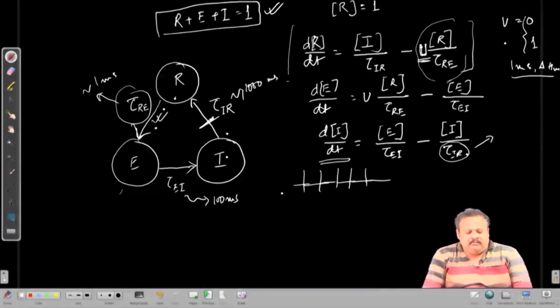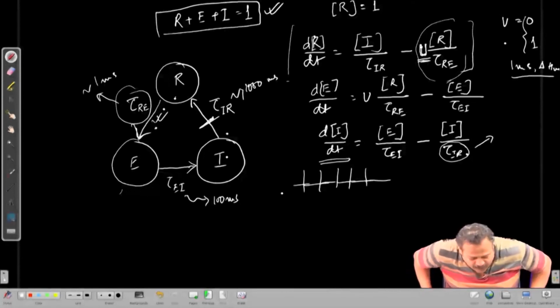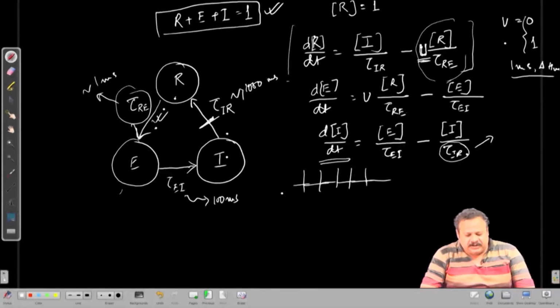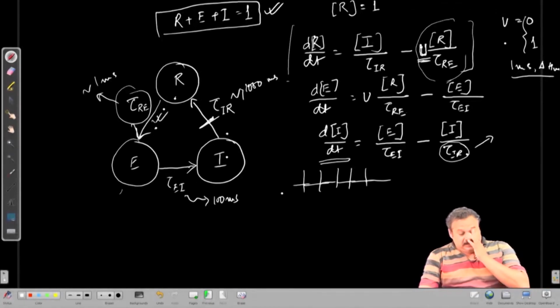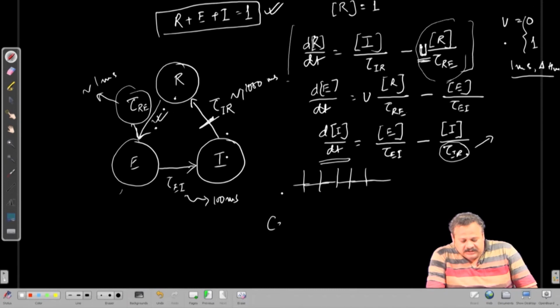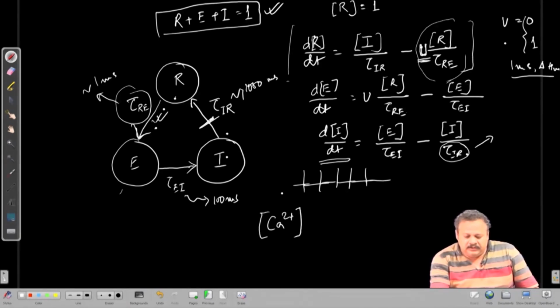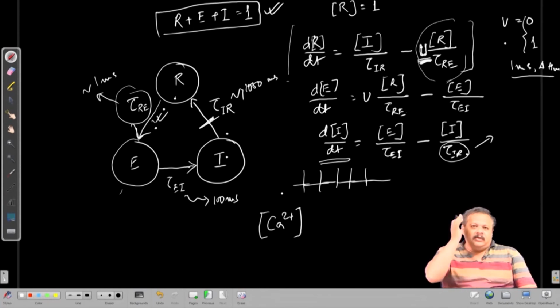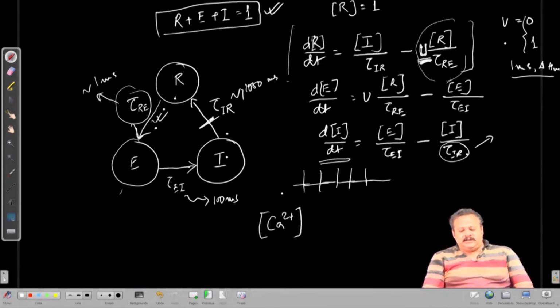Now, there are many other parts of this short term depression, and that has to do with the calcium that is coming in. If you recall, for this U becoming 1, it is based on the calcium coming in due to the spiking.